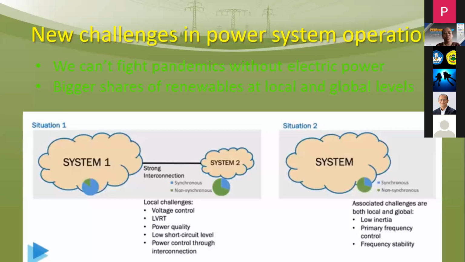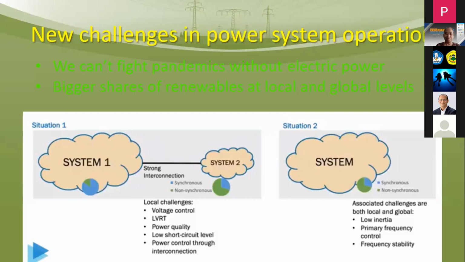And also power quality is to be considered, low short circuit level, and power control through interconnection. And for situation two, we can see some associated challenges which can be local and global, including low inertia, primary frequency control, and frequency stability. In the second situation, it is a system dominated by non-synchronous generation, in general not like in the synchronous generation domain.